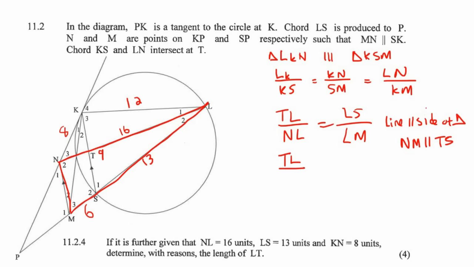And so we can say TL over 16 is equal to LS, which is 13, over LM, which is 19. Then we can just do some normal solving, and if you solve for TL, you should end up with 208 over 19, or in decimal form, 10,95.